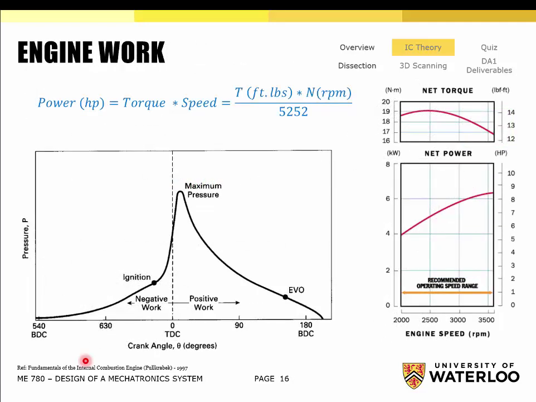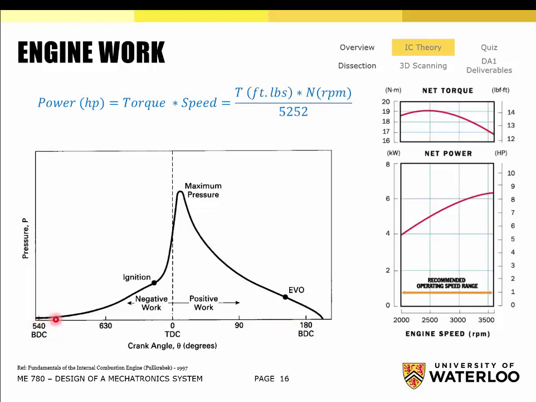So the final thing that we're going to talk about is engine work. We talked about torque to some degree, but what does torque actually mean? How do we get the torque? As the cylinder starts at bottom dead center, which is this part of this XY plot, we're starting right here. The pressure in the cylinder is very low.